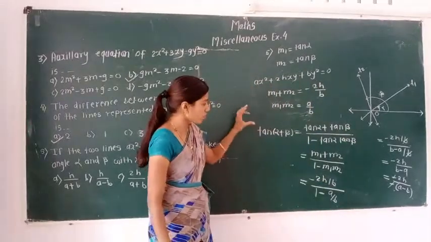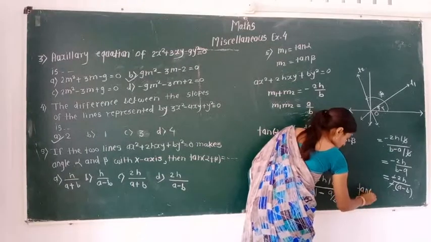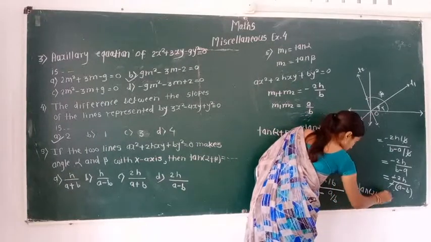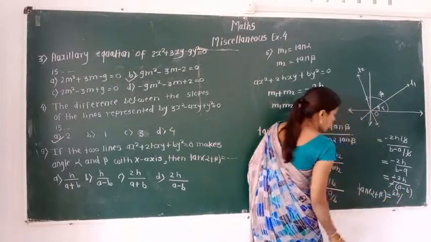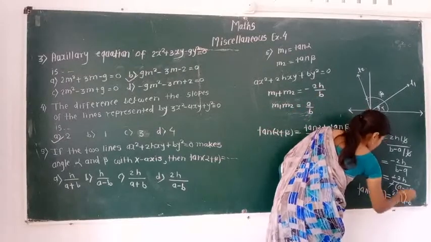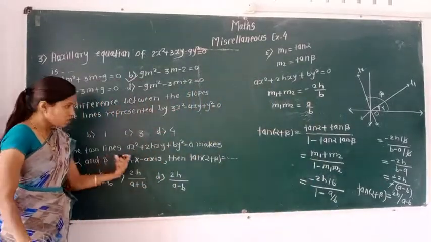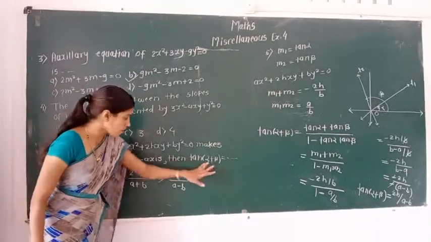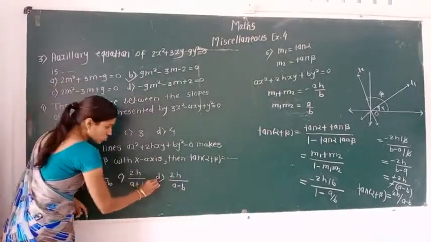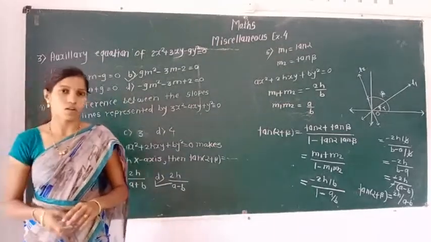We get tan alpha plus beta is equal to 2h divided by a minus b. So see all those options, the correct answer for tan alpha plus beta is 2h divided by a minus b.